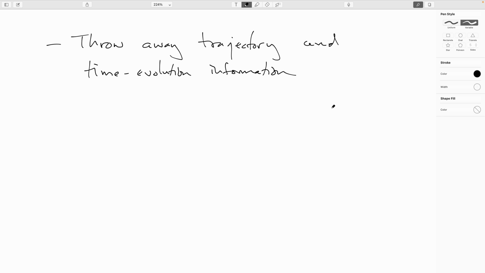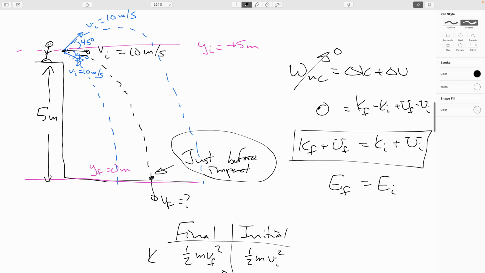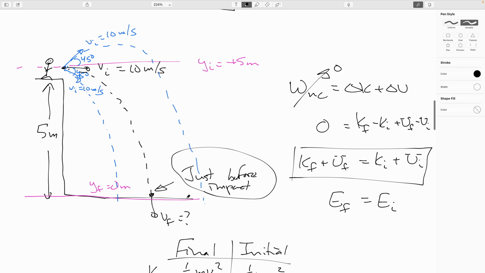There are good reasons for that, but why that is gets a bit beyond the scope of this treatment. It's related to a thing called Noether's theorem, but this is the cost. So the pro of doing energy analysis is if you don't care about the trajectory or the time evolution information, it'll work its way through the problem like a hot chainsaw through butter.